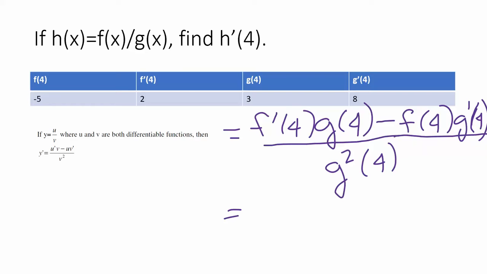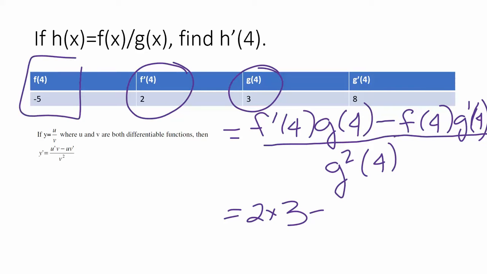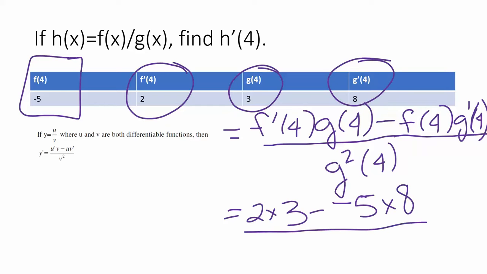Substituting in our numbers, f prime of 4, the derivative of the top, was 2, times g of 4, which was 3, minus the top, f of 4, which was negative 5, times g prime of 4, which is 8, all over g squared of 4.